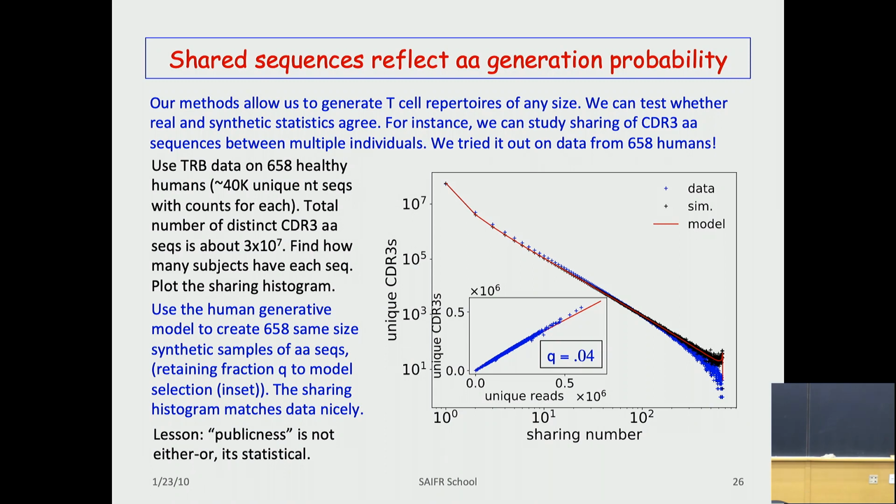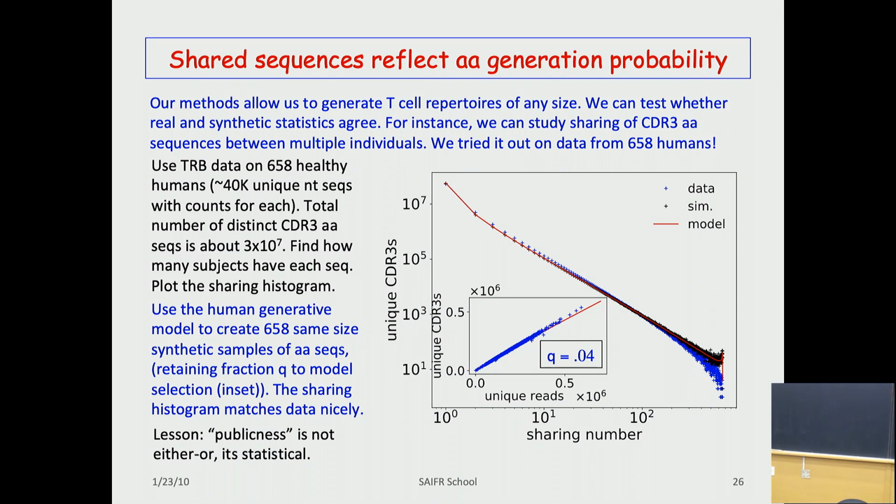However, the rate of increase is not 1, right? And so one thing that you can do is to choose your throwaway probability so that you match the actual statistics of how the number of distinct amino acid sequences increases as the number of distinct nucleotide sequences in your data set increases. So that's what this is about.